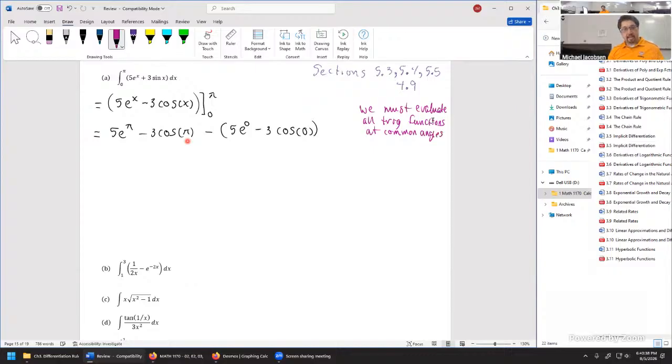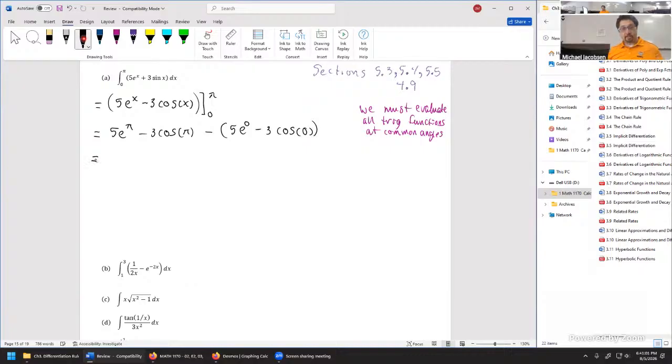By common angles, we mean like pi, 0, pi over 2, pi over 6, 5 pi over 6, and so on. If this was just cosine 3, that's a pretty awkward angle, and it's appropriate to just leave it in that format. But if we can simplify it, because cosine pi is a nice rational number, it's -1, we should always do those evaluations, just like in a trigonometry class.